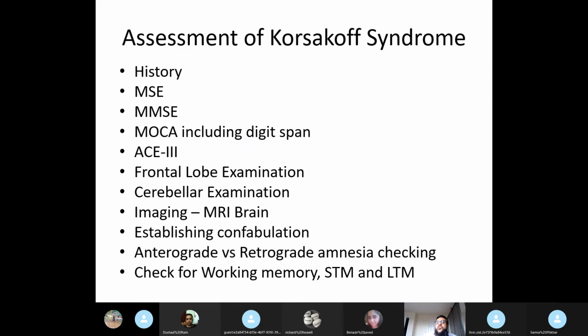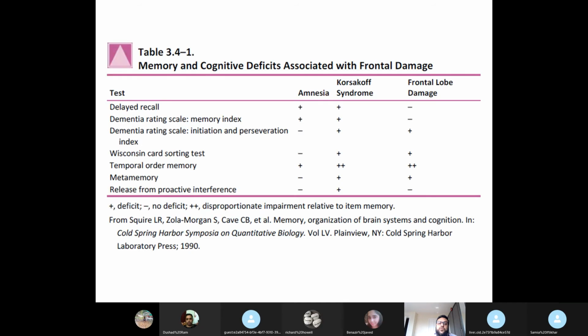Of course, the differentiating point will be presence of agnosia, aphasia, and apraxia in dementia, and absence of these things in Korsakoff, and preservation of the working memory in Korsakoff syndrome, which is attention and concentration is preserved in Korsakoff syndrome, but there could still be some frontal lobe symptoms there.